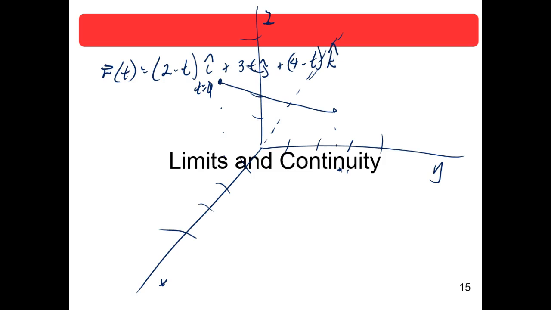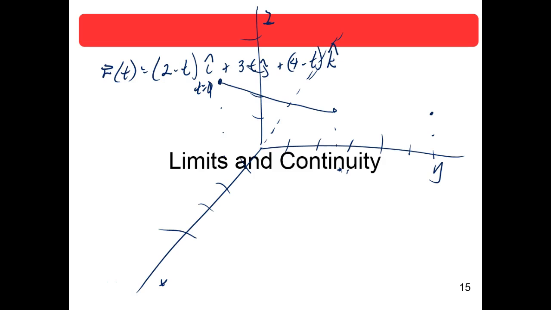Plus 6j, somewhere out there, and that would be 2k. Okay, so we're right here. That looks like that's heading in a straight line form.